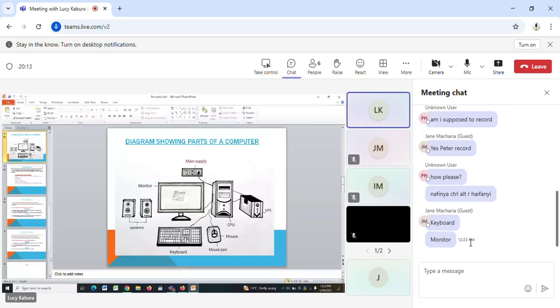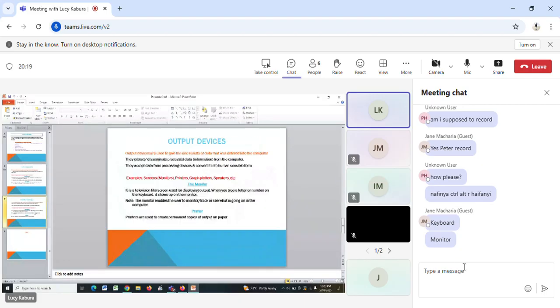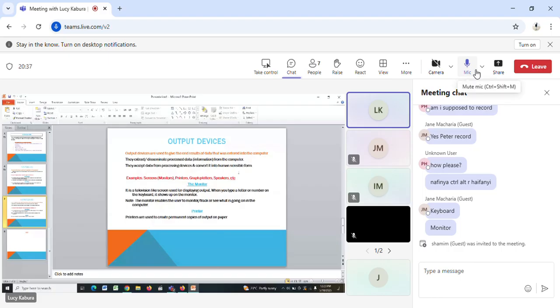Output devices are used to give the end result of the data that was entered into the computer. So, Meba, Kaidre, give me the output devices you know. You can also type in our chat any output devices you know.